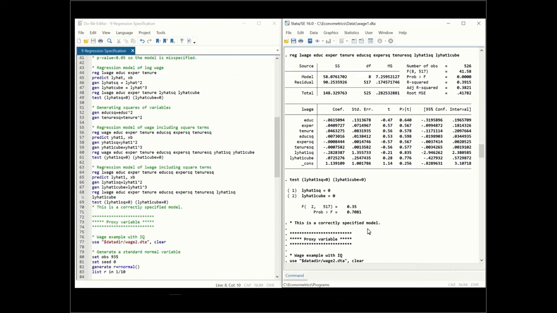We experimented with 4 different models, and since the first ones told us that the models are misspecified, we kept including squares, we kept moving to logs and so forth until we finally found a specification that is correctly specified. And we used the RESET test for that.